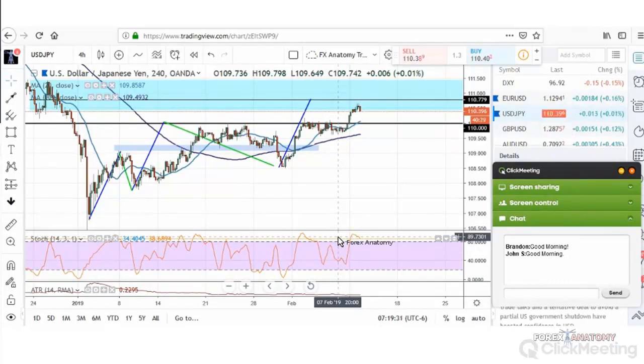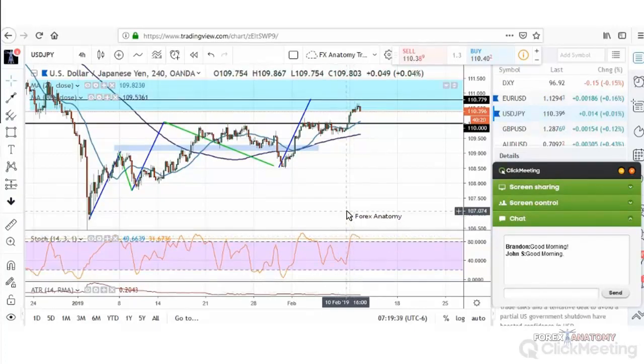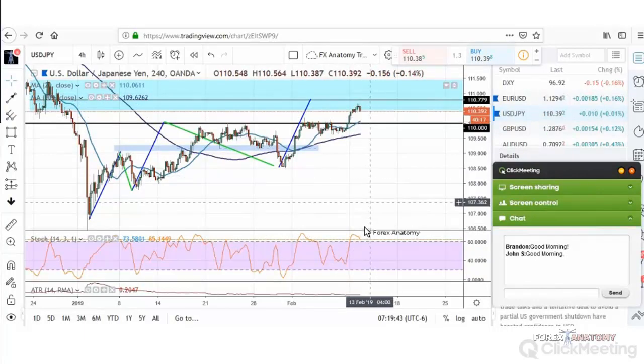But they do come in handy from time to time. So then right here we see stochastics being overbought, and there's a possibility that we could see a nice slide lower in this pair. And for the US dollar Japanese yen, this is what could happen.